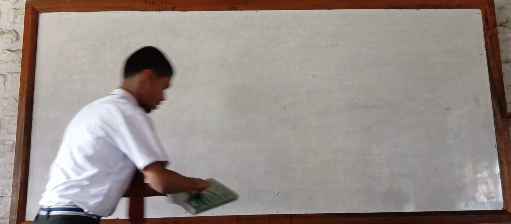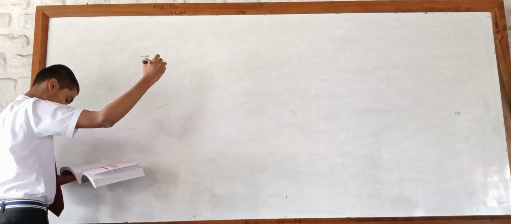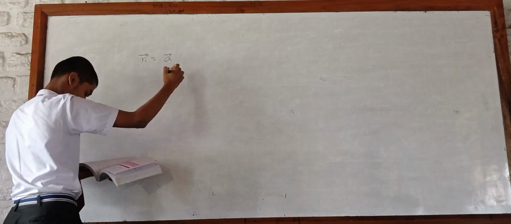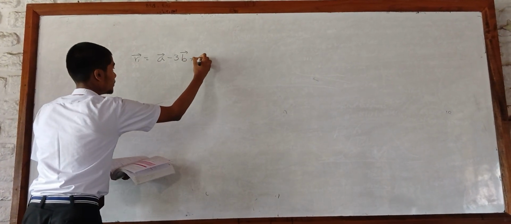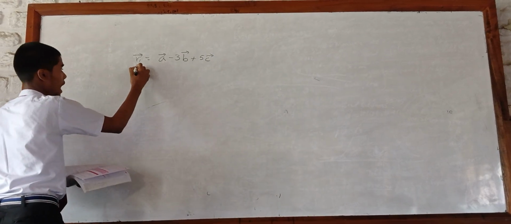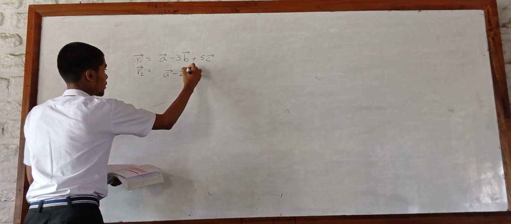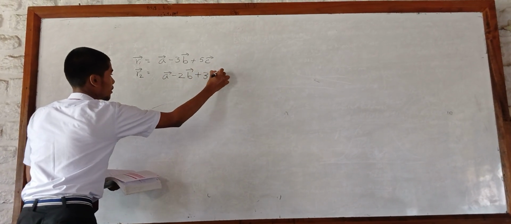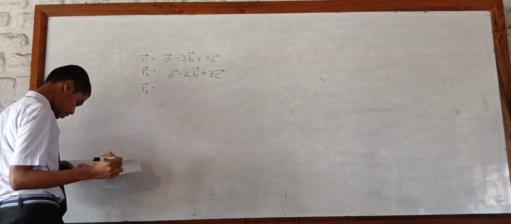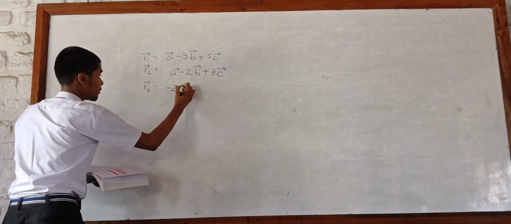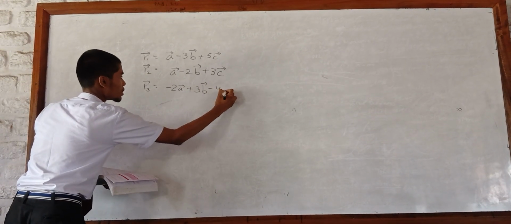Alright. So what we have been given is a vector R1 equal to A minus 3B plus 5C, and similarly R2 vector is equal to A minus 2B plus 3C, and R3 vector is equal to minus 2A plus 3B minus 4C.